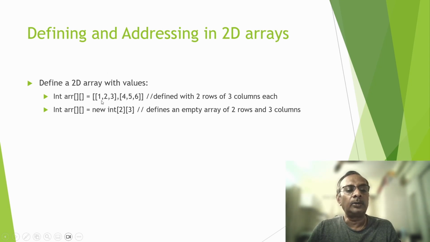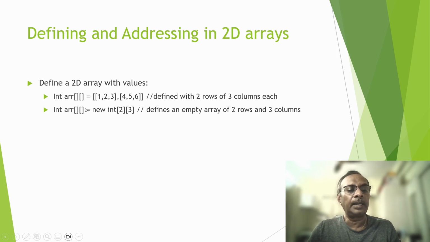Inside the row square bracket we have column values separated by commas, and each row is also separated by a comma. This is how we define a two-dimensional array with values.